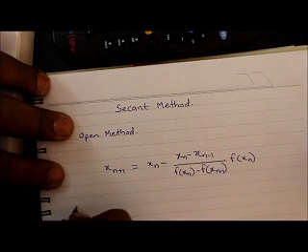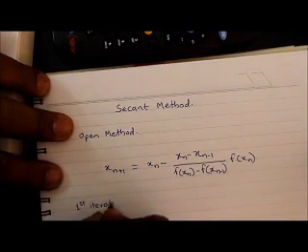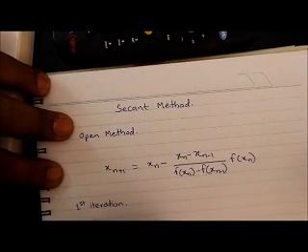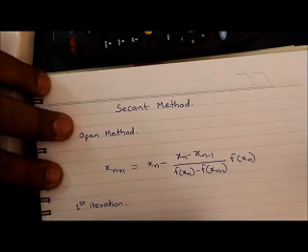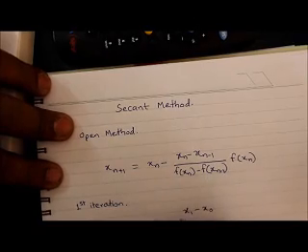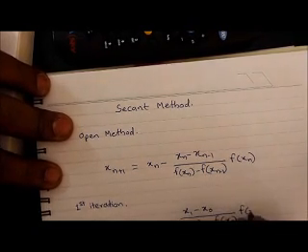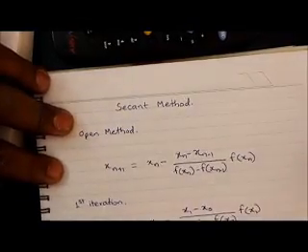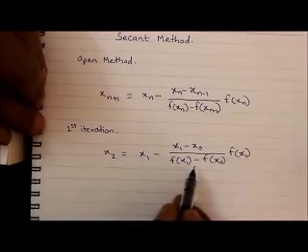So for the first iteration, x2 is going to be x1 minus (x1 minus x0) divided by (f(x1) minus f(x0)), the whole thing multiplied by f(x1). Okay, I think you got that. So that's the first iteration.